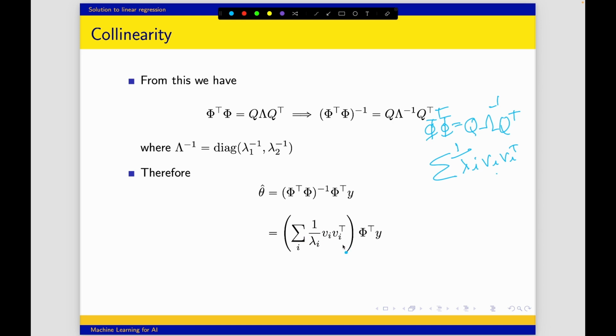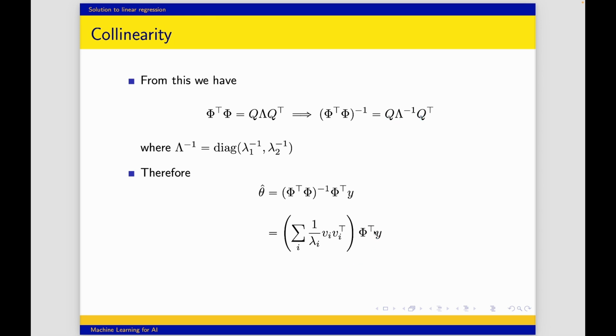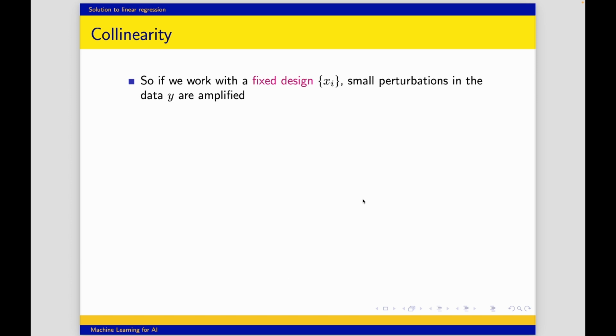So we get this relationship here because what I've done is I've replaced this, which we've seen is equal to this, and that can be written like this in here, times phi transpose phi. Now, if one of these eigenvalues is small, 1 over lambda i is obviously going to become very large. And this is going to lead to instability.